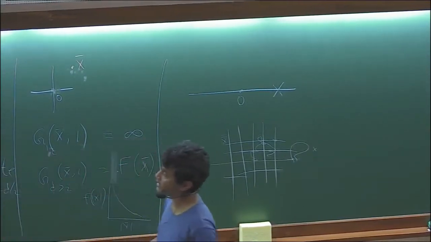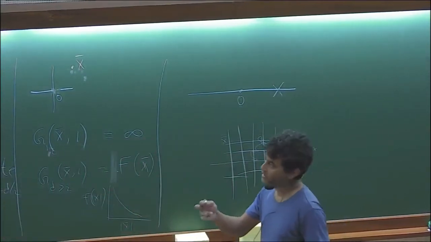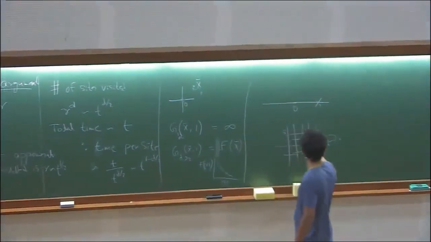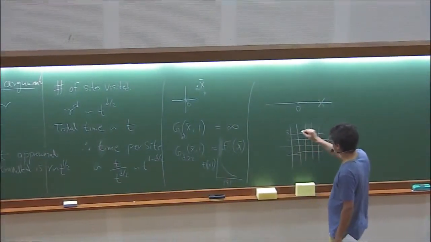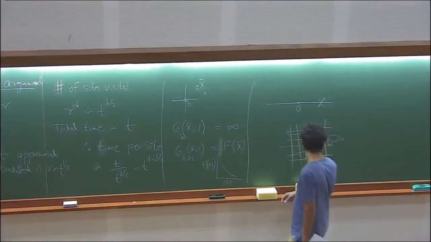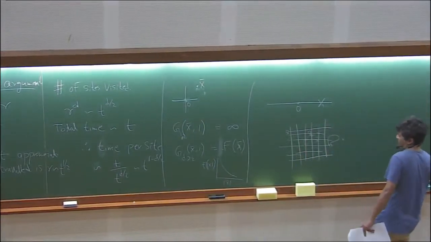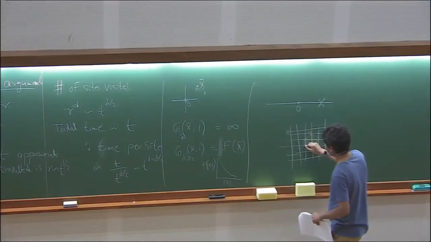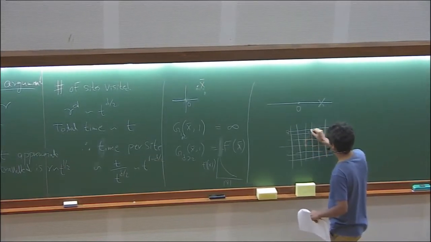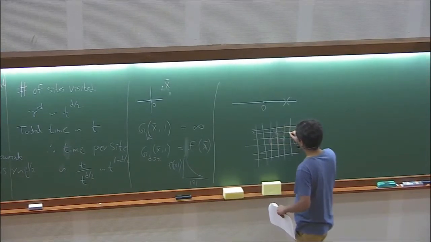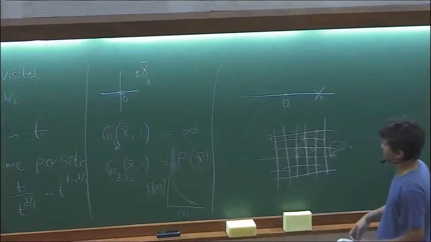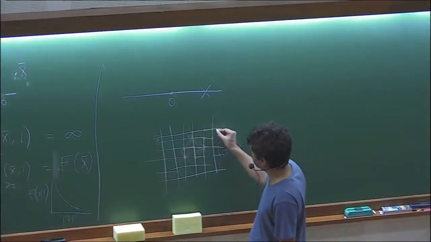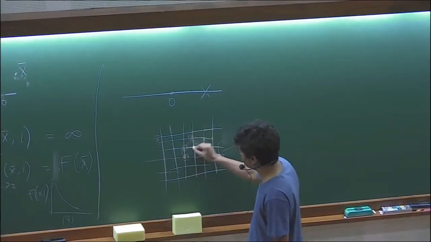Basically, one way to ask what the fractal dimension is: if I'm doing this random walk, let's say you start from here and you do some walk like that for some number of time steps, and then you'll find that there is some number of sites which have been visited.